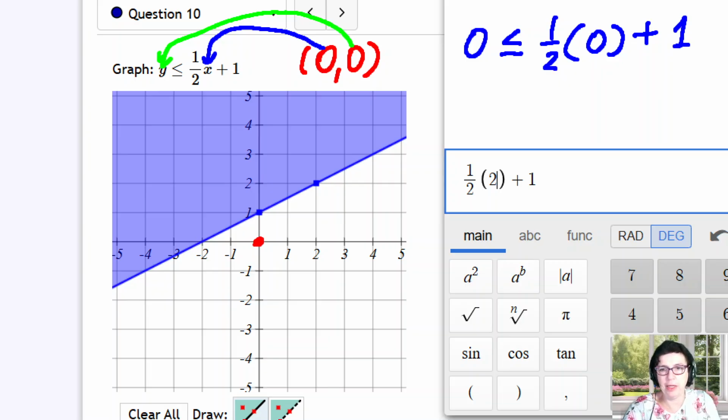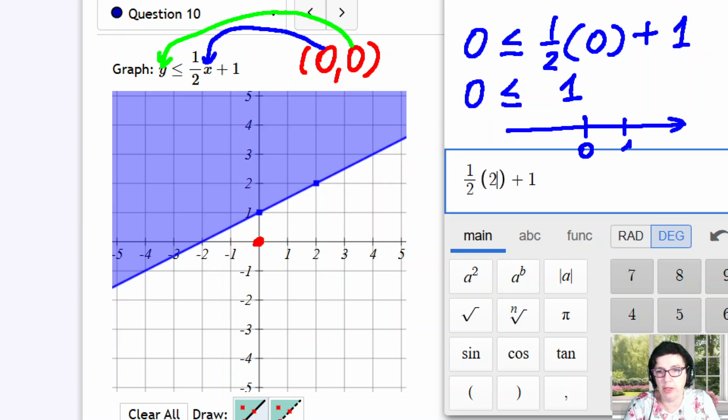Any number times 0 is 0. So that means 0 is less than or equal to 0 plus 1, which is 1. Is this a true statement? Is 0 less than or equal to 1? Well, yes, because when you graph, 0 is here, 1 is here. So 0 is to the left of 1, which means that it is less than 1.